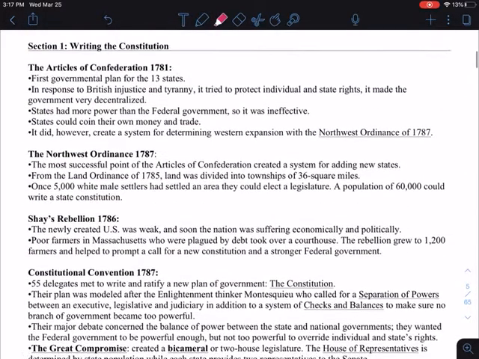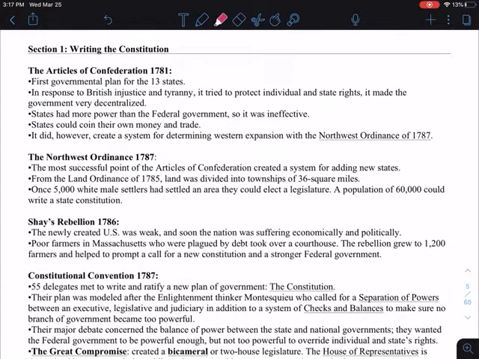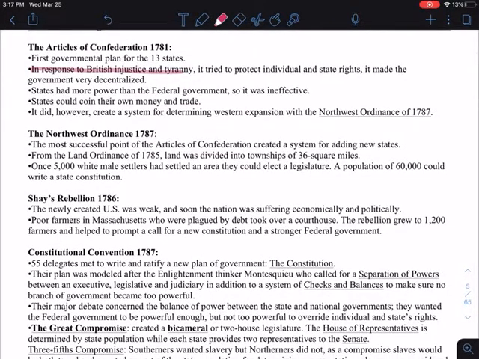So, if we go back up to where it's talking about the Articles of Confederation, they were made in response to British injustice and tyranny. Remember, as we were in the colonies, we have this overarching government that is extremely powerful.